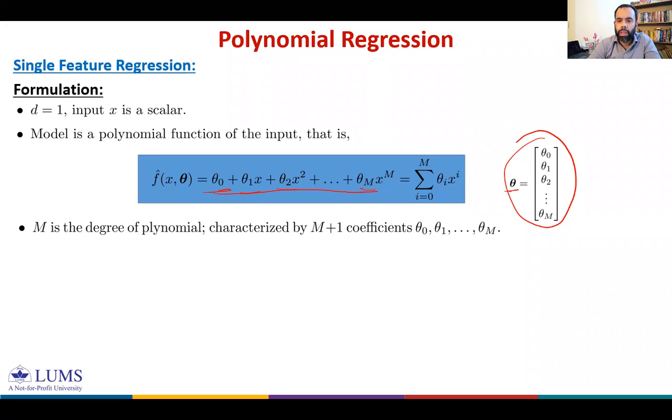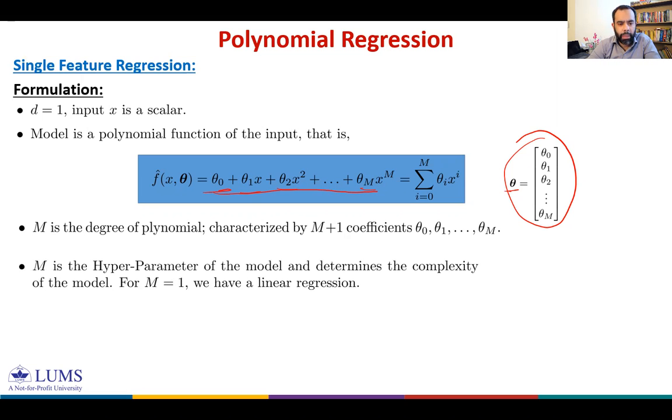So these are the coefficients which characterize our model. As I said, m is the hyperparameter of the model, and it determines the complexity of the model. Obviously, when you take m equal to 1, you only get theta naught plus theta 1 x, which is indeed a linear regression problem.